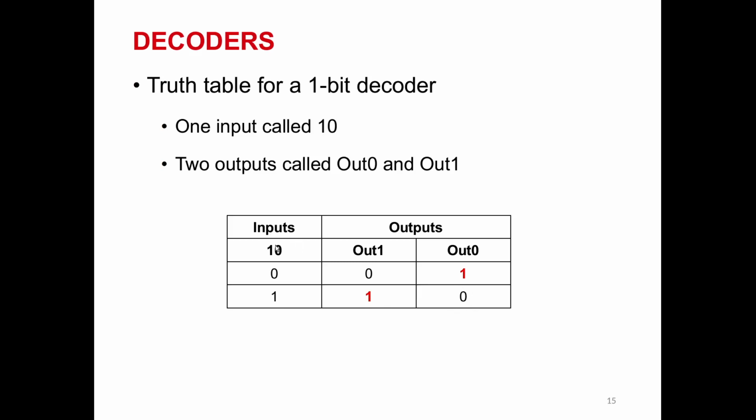Of course, you can increase the number of inputs. For example, you can have 3-bit inputs, and in that case you can have a decoder with 8 outputs, because with 3-bit input you have 8 values, and so you have 8 outputs corresponding to that input.